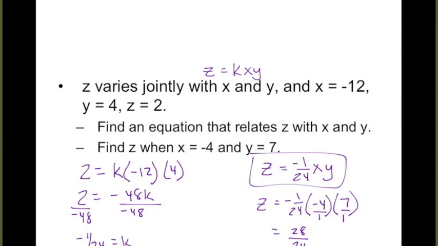There are 2 negatives in there, so that double negative makes a positive. And then we would want to reduce this down. They both reduce down by 4 to leave 7 over 6. Give answers as reduced fractions. Questions?